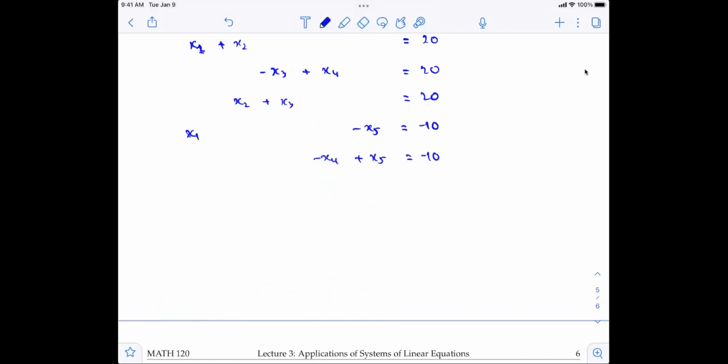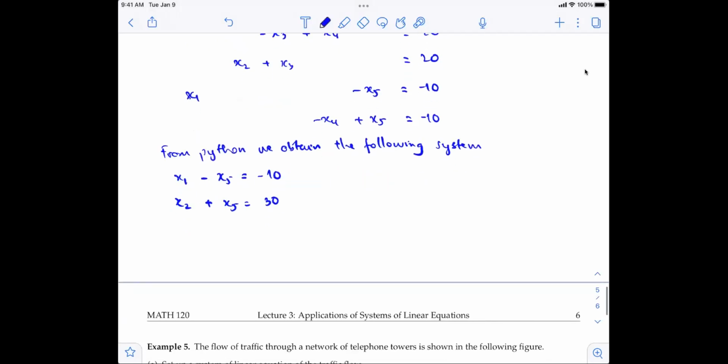From Python, we obtain the following system: x1 minus x5 equals negative 10. x2 plus x5 equals 30. x3 minus x5 equals negative 10. And x4 minus x5 equals positive 10.